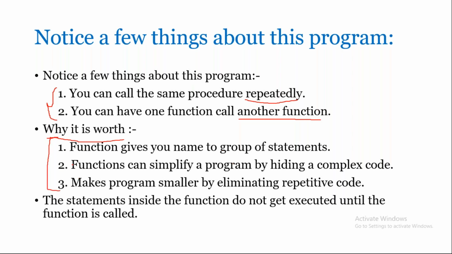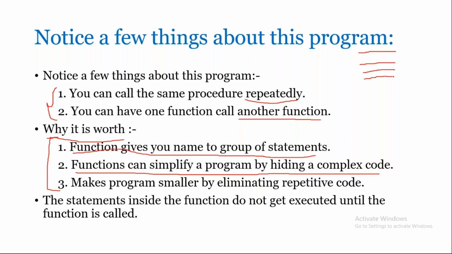So the first point is just the definition of the function. There is nothing very fancy about it. But the second and third points are very important. The second point tells you that functions simplify the program by hiding the complex code. So suppose this was the first line of your code, this was the second line, this was the third line, this was the fourth line, and then a huge code, say 1000 lines thereafter, right?